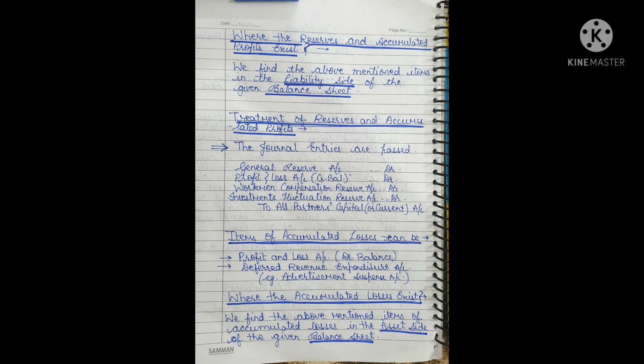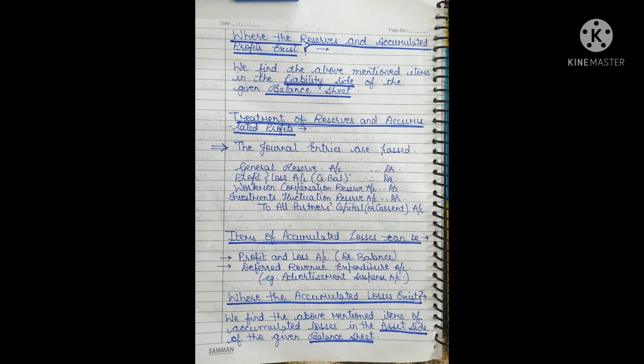We all know that if the fluctuating capital system is to be followed in the question, then all partners' capital accounts will be there, and if it is the fixed capital system, then to all partners' current accounts we will write in this entry.